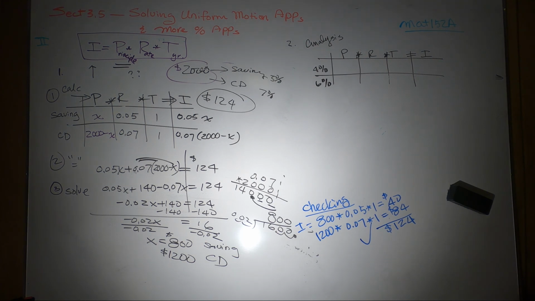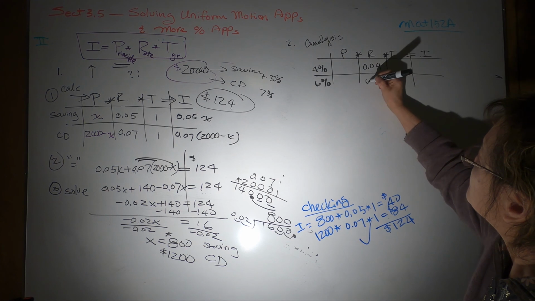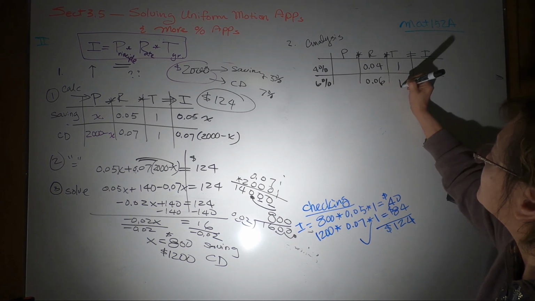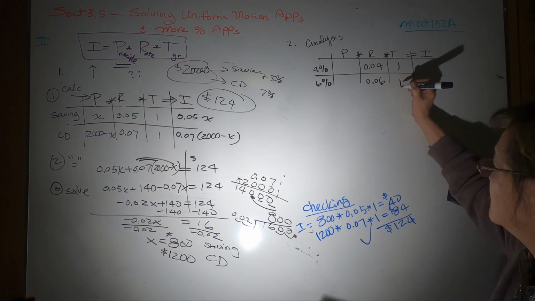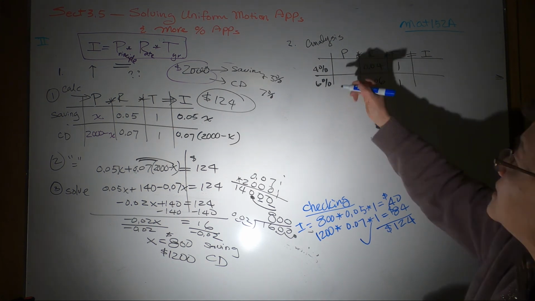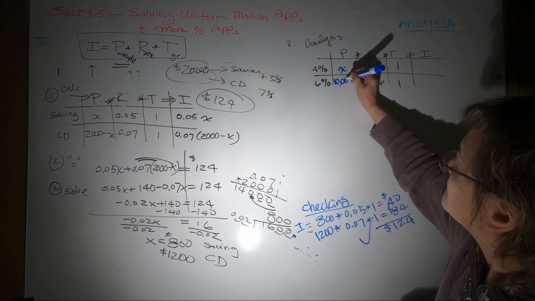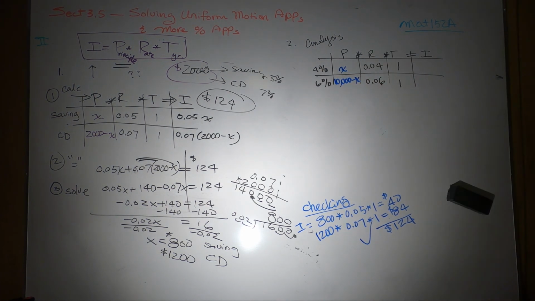Total is $10,000. So we know this rate is what? 0.04, 0.06 for 1 year. Then how much on each one he allocated? Total $10,000, right? So if you say 4% is X, 6% will be what? 10,000 minus X, right?